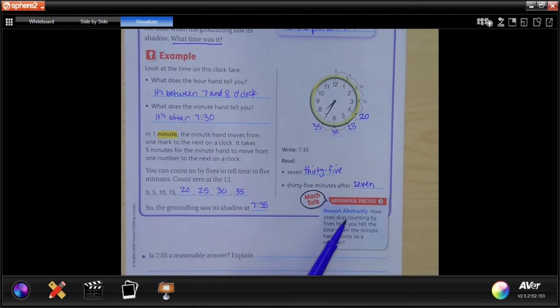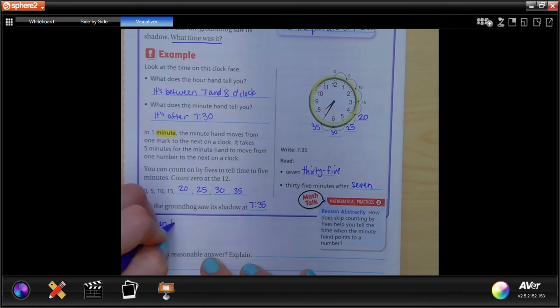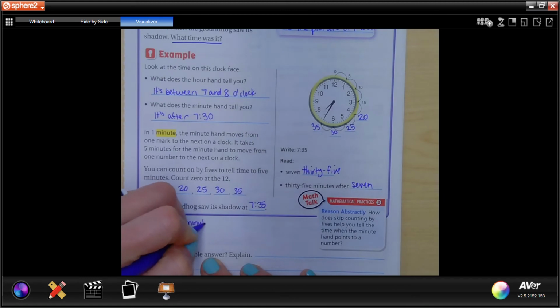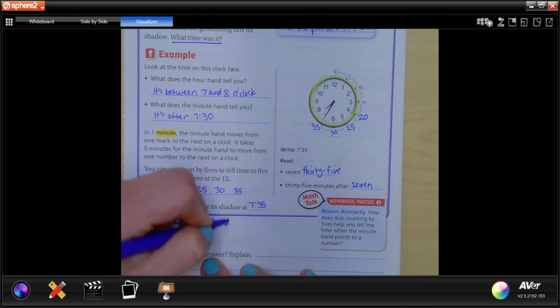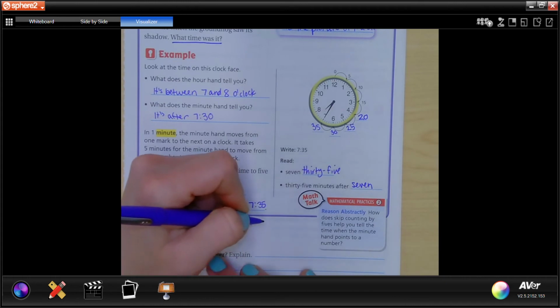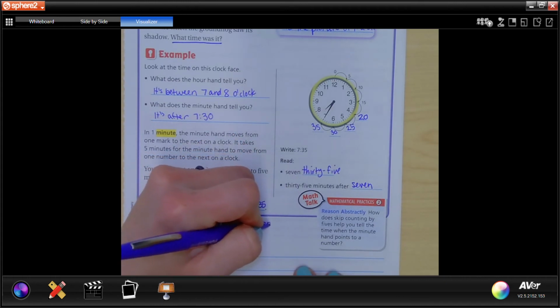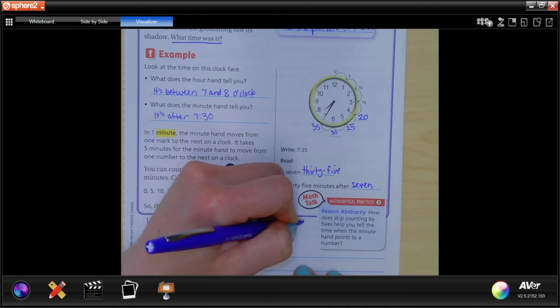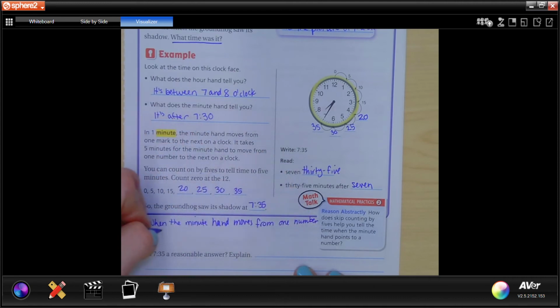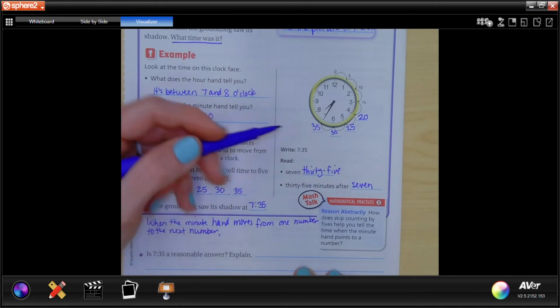Reason abstractly. How does skip counting by fives help you tell the time when the minute hand points to a number? Well, when the minute hand moves from one number to the next number, how many minutes have passed?